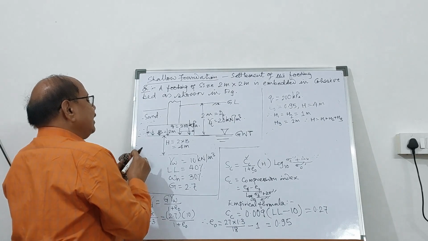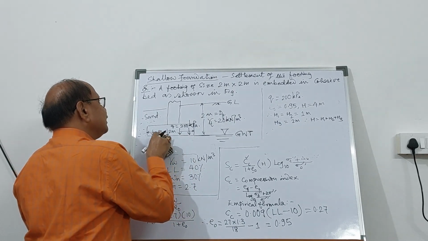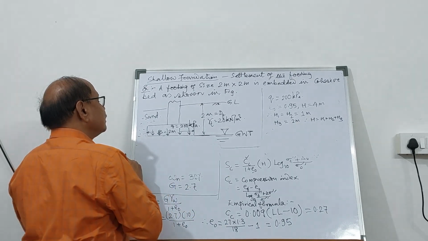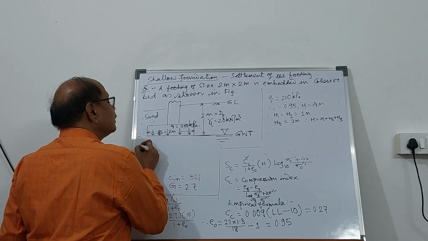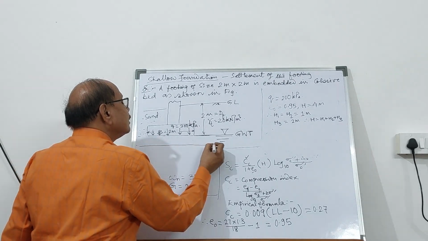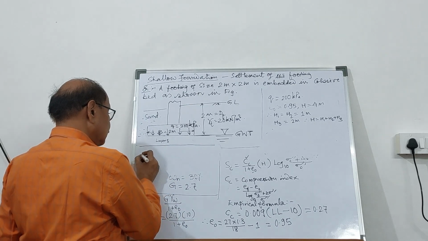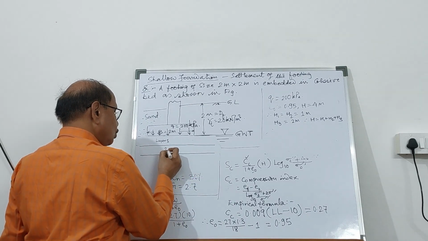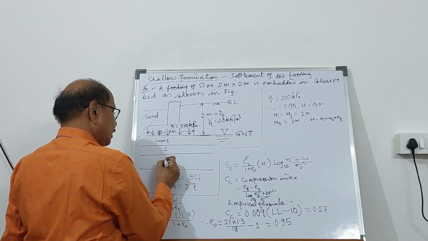Now, when you divide this H into 3 layers, 3 parts, let's say this is the first part. So this is layer 1. This is going to be another layer 2, and this is going to be the third layer.